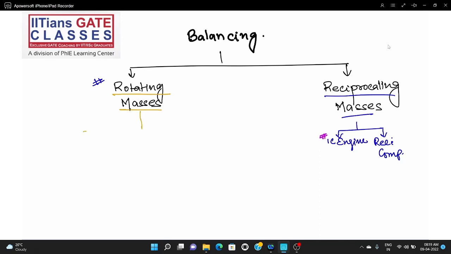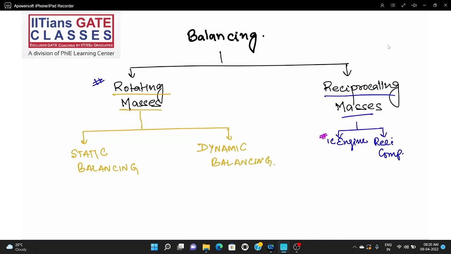Now, for rotating masses, there can be two types of balancing: static balancing and dynamic balancing.